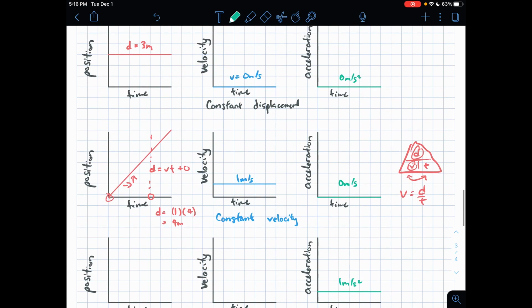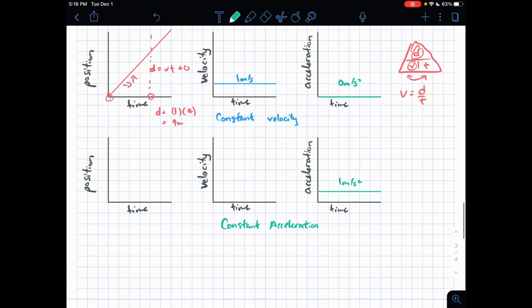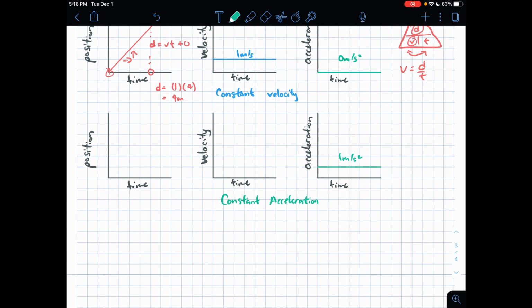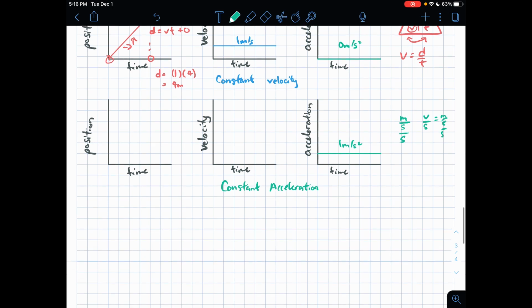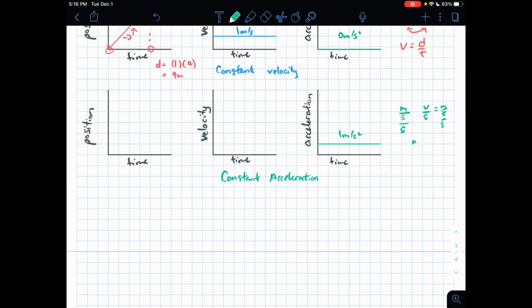It's 1 meters per second squared, and that's because the units are meters per second over second. So when you have 2 seconds here, meters per second over second, that basically simplifies to meters per second squared.